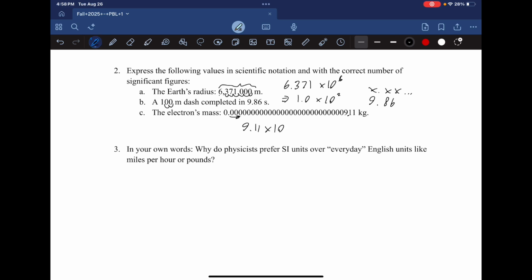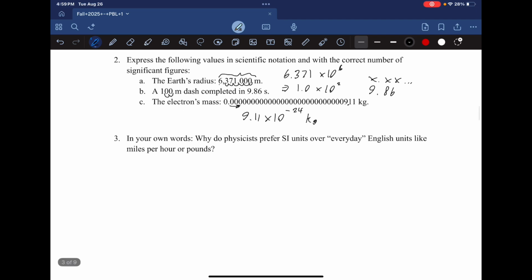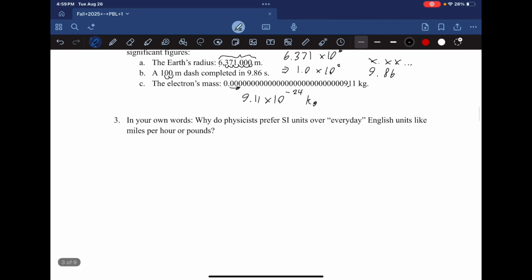And since we moved it 24 times, it's times 10 to the negative 24. That's in kilograms. Interesting fact, that's actually wrong. Whoever made this document was not right about that. They just put a whole bunch of zeros in there, which I don't blame them. The accurate electron mass is, I think it's around 9.11 times 10 to the negative 31 kilograms.